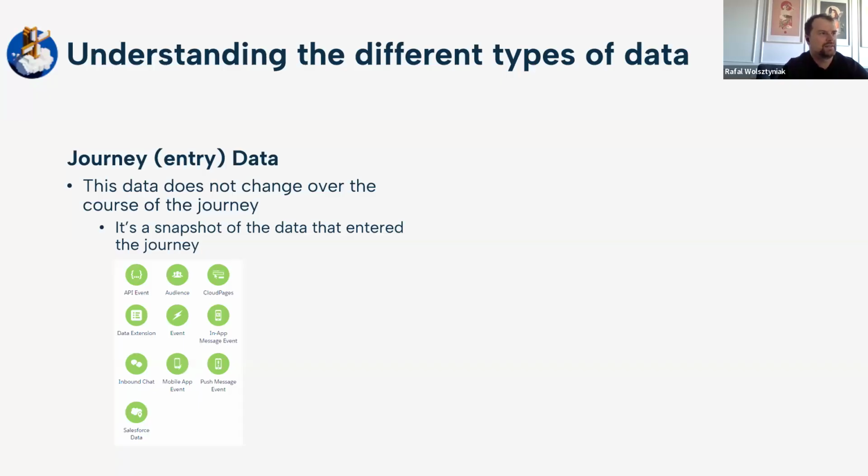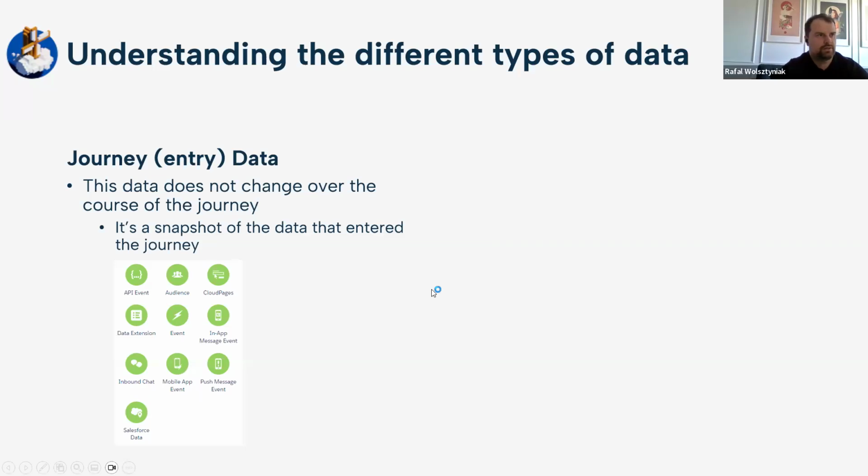But before we dive into that, we need to understand the difference between journey data and contact data. Journey data does not change over the course of the journey. When people enter the journey, their data is kind of frozen in time, which we describe as a snapshot, and it's everything that goes into those entry events.